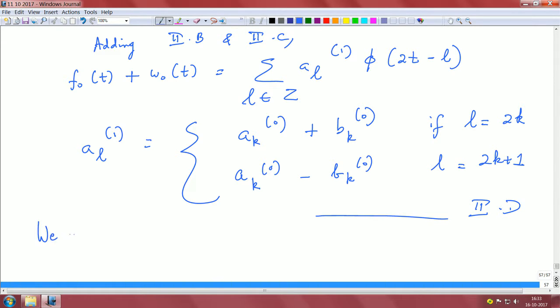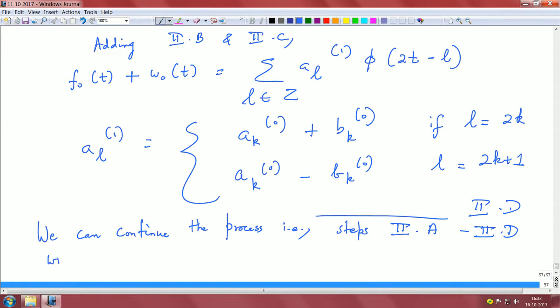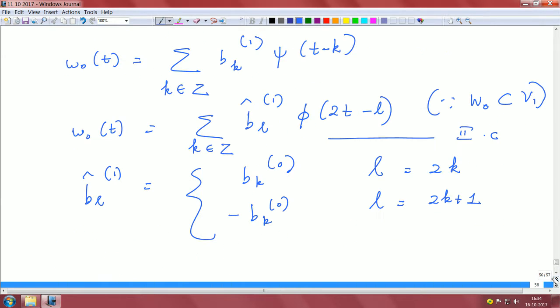Now, we can continue the process, that is steps 2a to 2d, starting with W1 of t, which is summation k belonging to the set of integers b k 1 psi of 2t minus k, like W0 that we had earlier here.